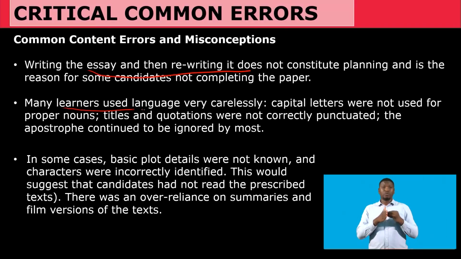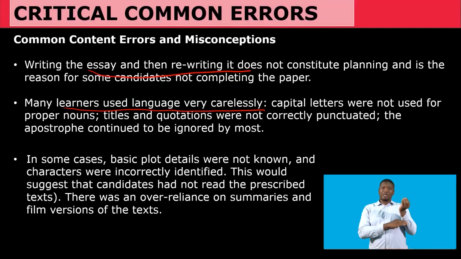Many learners use language very carelessly. So you're making errors with the capitalization of words, quotations, using the wrong punctuation for quotations, and then also not using the apostrophe correctly. Remember, an apostrophe has two functions: contraction and possession. In some cases, basic plot details were not known and characters were incorrectly identified.